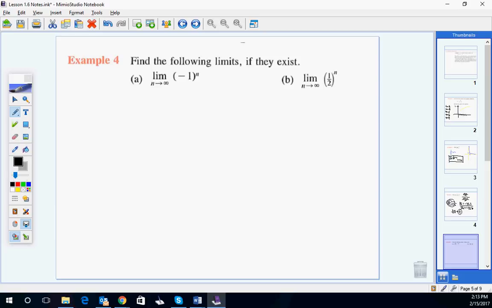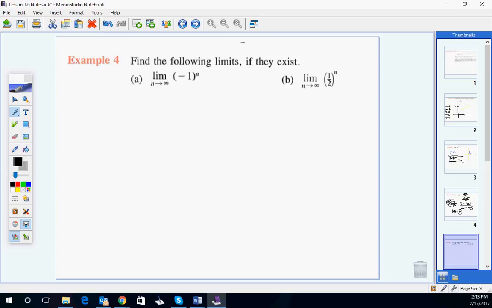They bounce. They go positive, negative, positive, negative, positive, negative, positive, negative. So if you're doing that, does that have a limit? It does not. Okay? It's not approaching anything. It's just bouncing back and forth. It's consistently different.